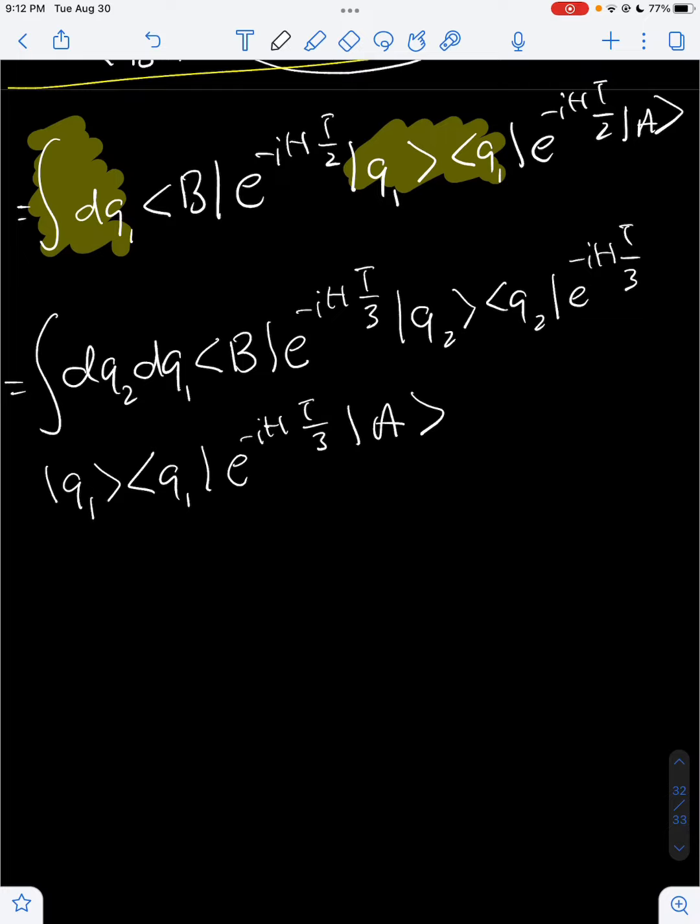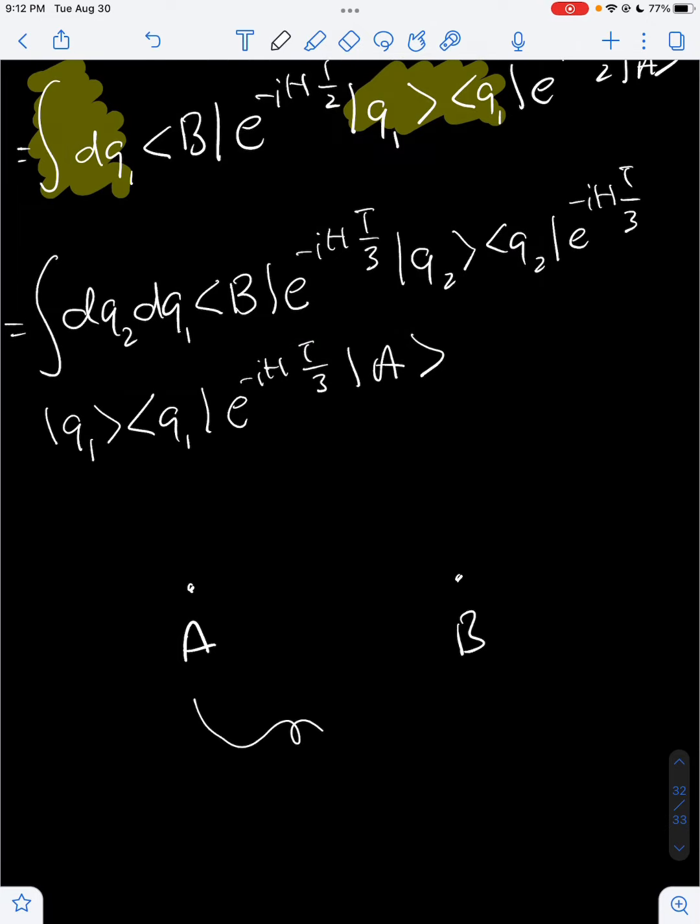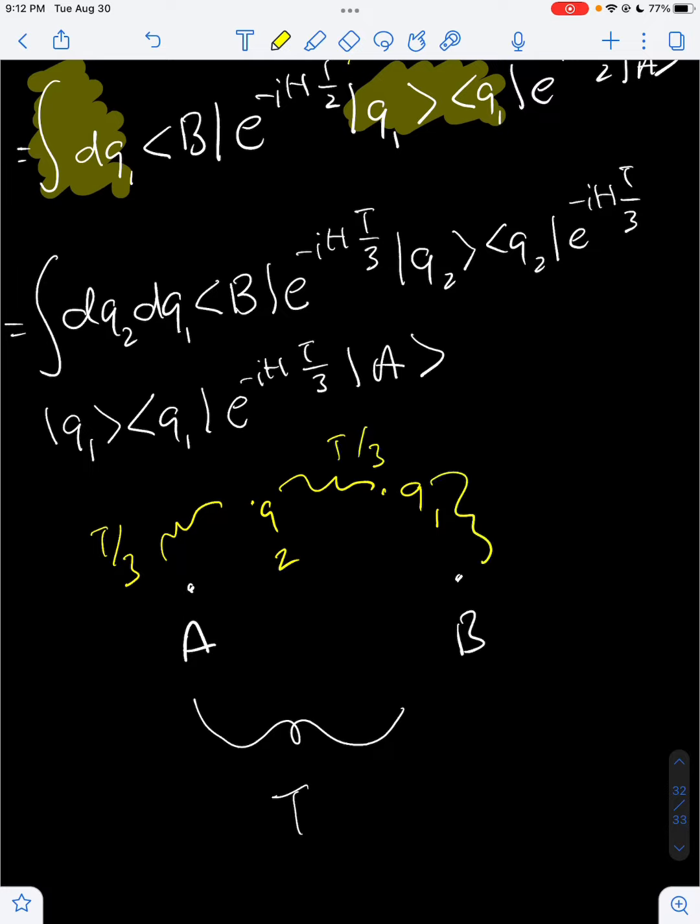We can just add another position and add another position. And this corresponds to saying that the probability that the particle goes from A to B in time t is the probability that it goes from A to Q2 in time t over 3, to Q2 to Q1 in time t over 3, to Q1 to B in time t over 3.